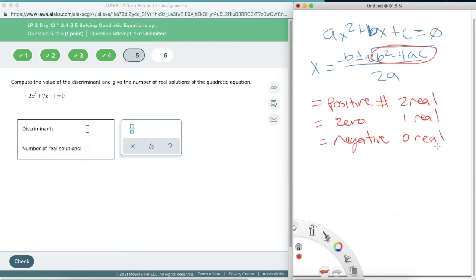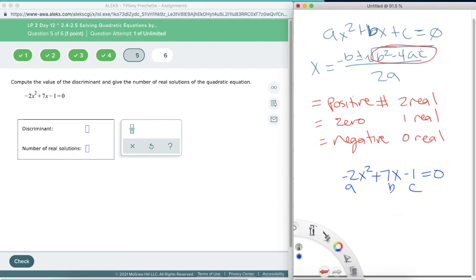So we're going to go through and we're going to solve this. We'll go with bright blue. So all we're going to do is the discriminant on this one: x squared plus 7x minus 1 equals 0. So we have A, B, C. I still have to look at A, B, C because they're all in here.